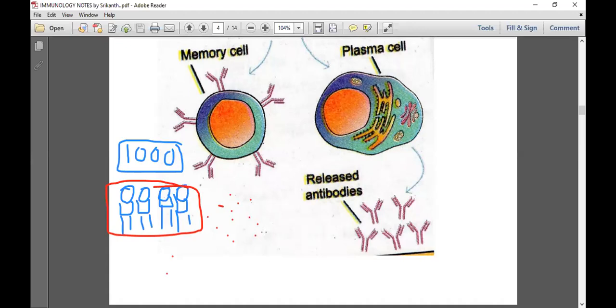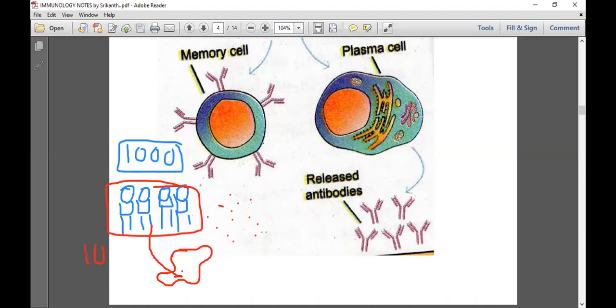So what do we do? Macrophages, dendritic cells, or B cells themselves have the capacity to engulf these microbes. Out of 1,000, imagine some 10 microbes are engulfed and processed. I'm using this word from the beginning: processed.